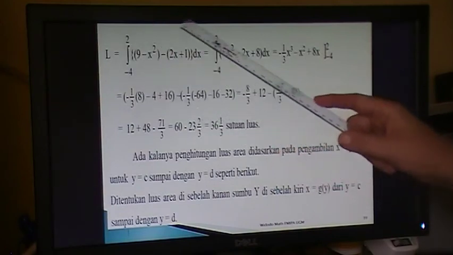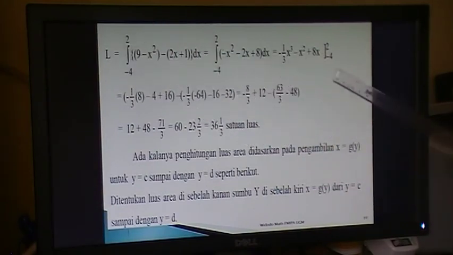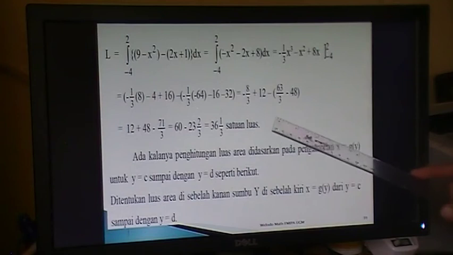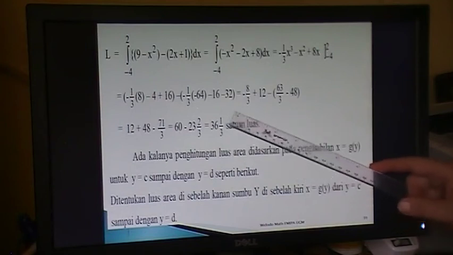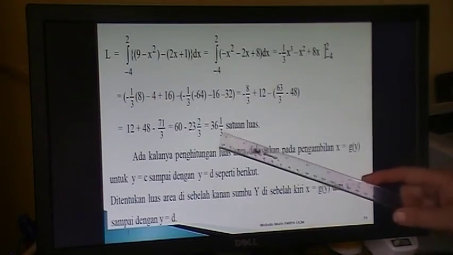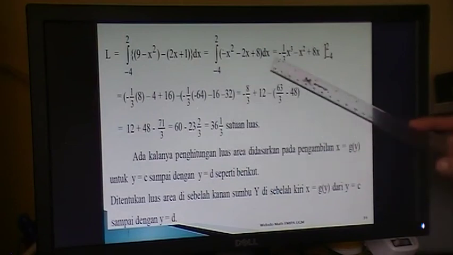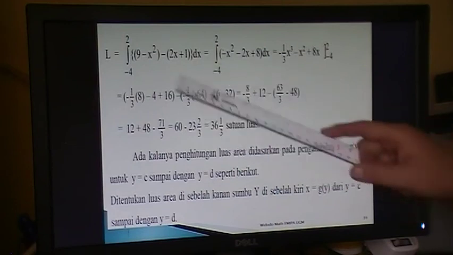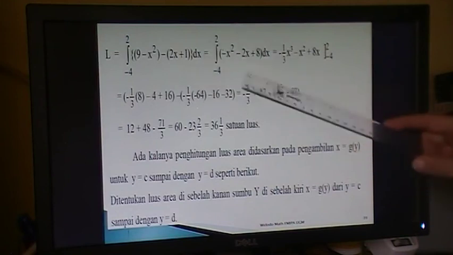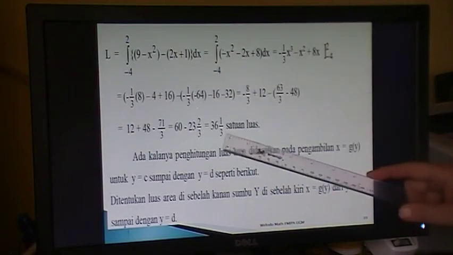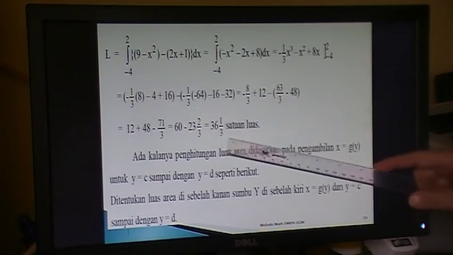If we compute by using the definite integral, you can find this number. I don't want to calculate in detail, but you can do that at home. So L is equal to 36 1/3 units.